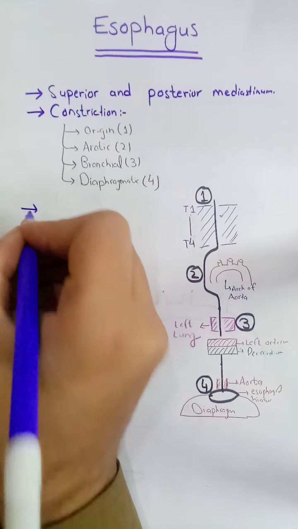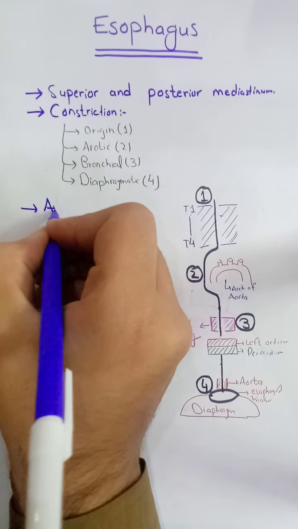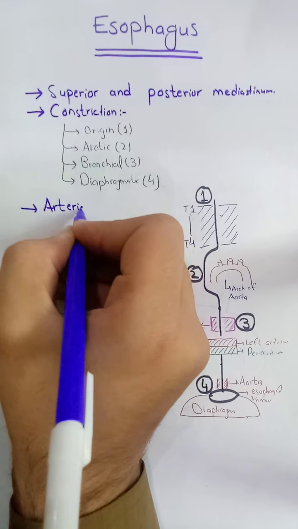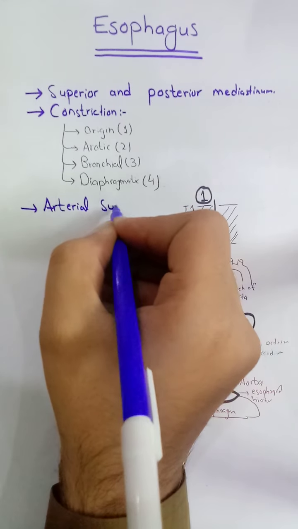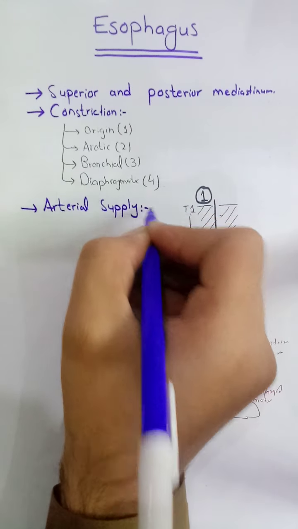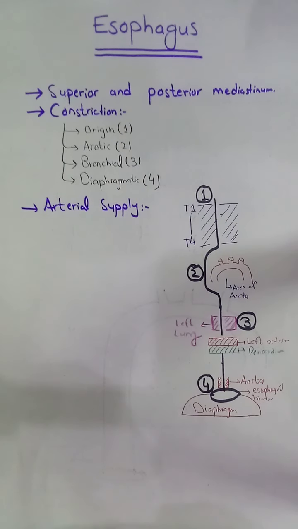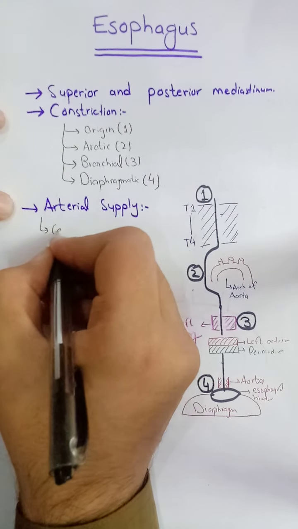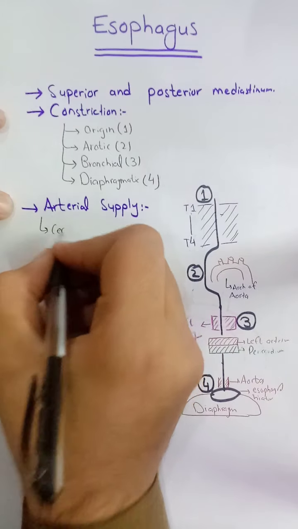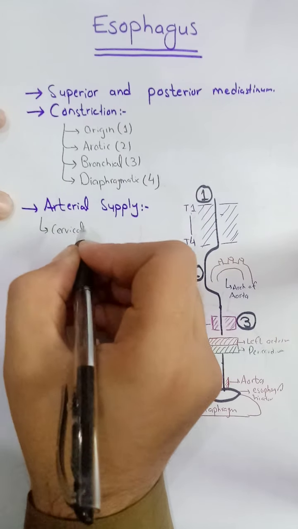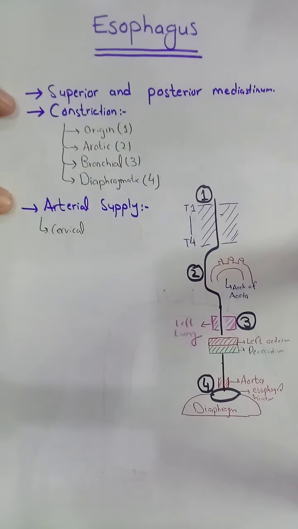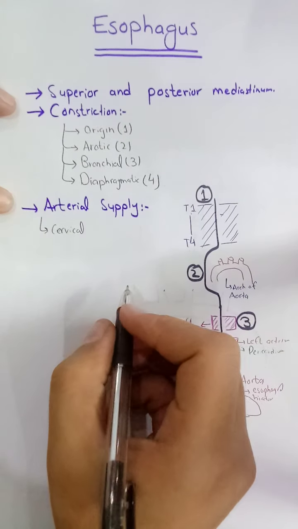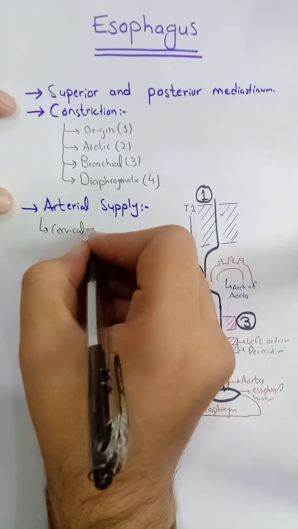First of all, the arterial supply of the esophagus. The cervical part of the esophagus is supplied by the inferior thyroid artery.